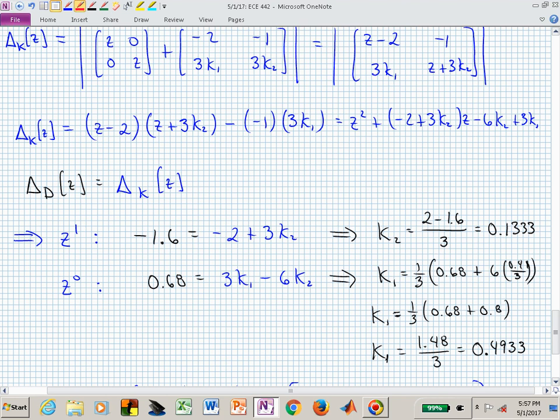But in reality, you could let some software package do this for you. But you need to be able to do this for 2x2 matrices. In so doing, if we equate the coefficients that scale the z to the first power, then we have minus 1.6 equaling minus 2 plus 3k sub 2.